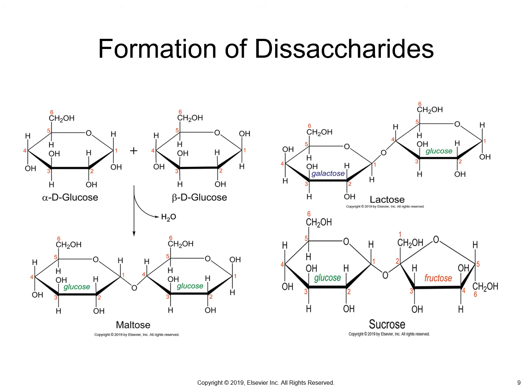Disaccharides would be the combination of two. So a glucose and a glucose make maltose. A galactose and a glucose make lactose. And glucose and fructose make sucrose, which is what you would know as table sugar.